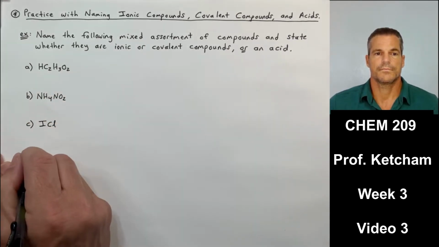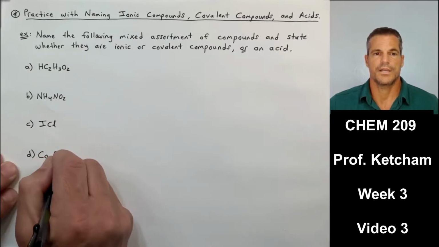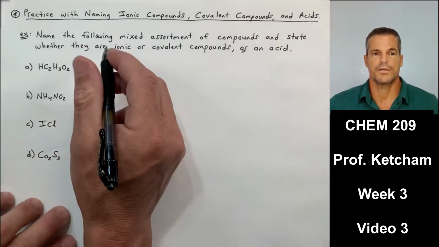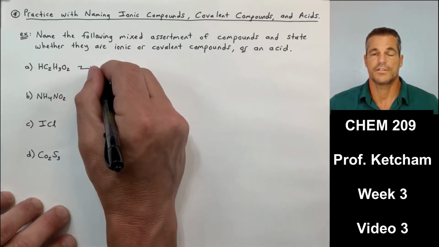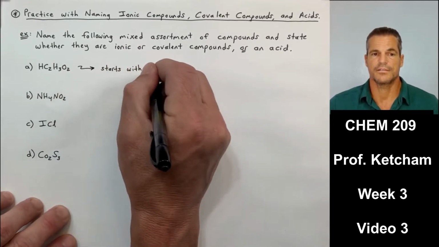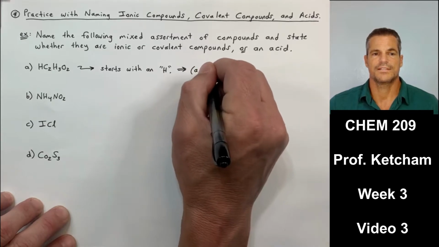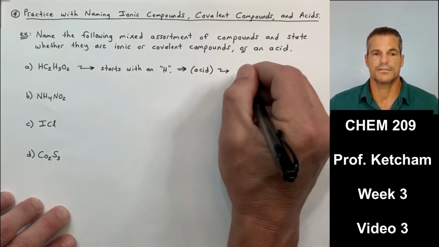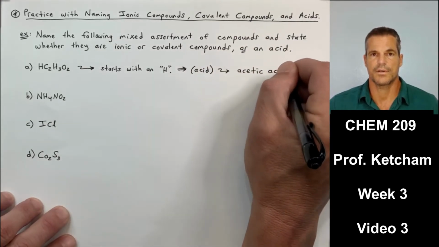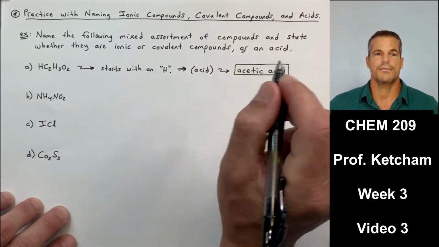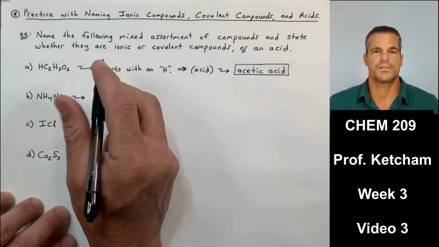So, A, HC2H3O2. Notice that it starts with an H. There's a heads up. B, NH4NO2. C, ICl. D, Co2S3.